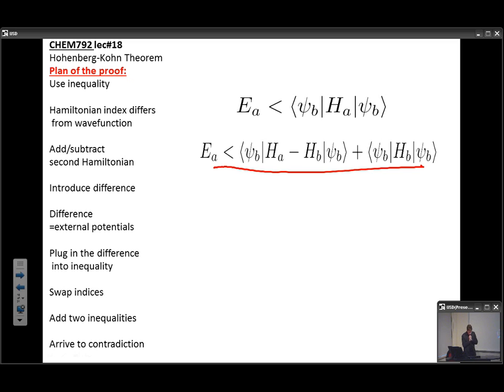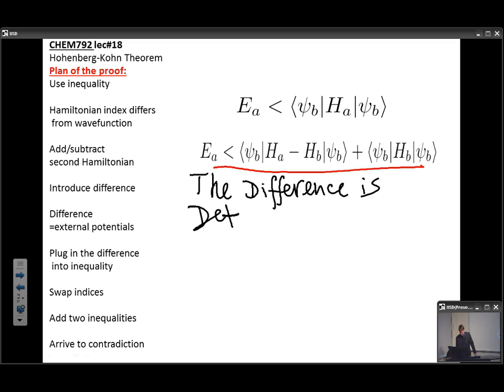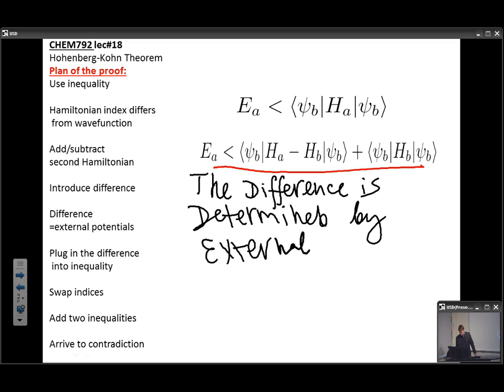But those are differences for the same density, for the same system of electrons, and therefore the difference between molecular Hamiltonians is determined only by the external potential.